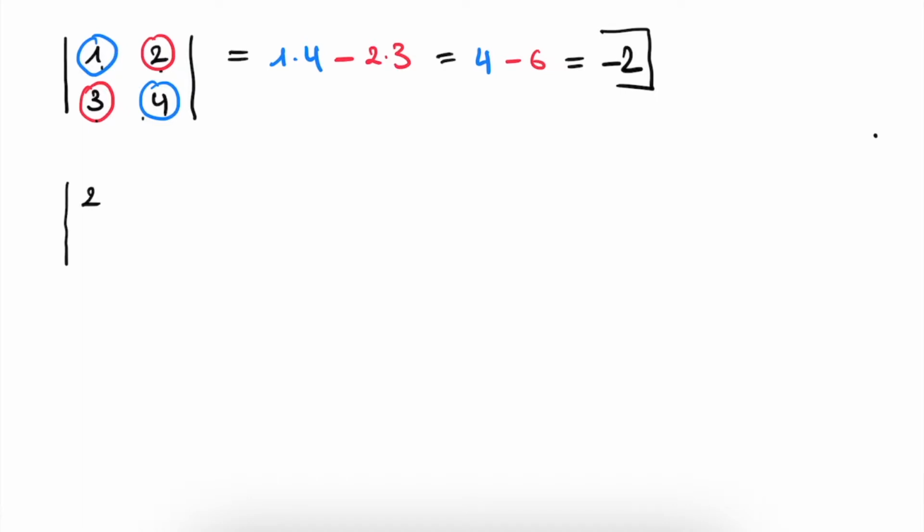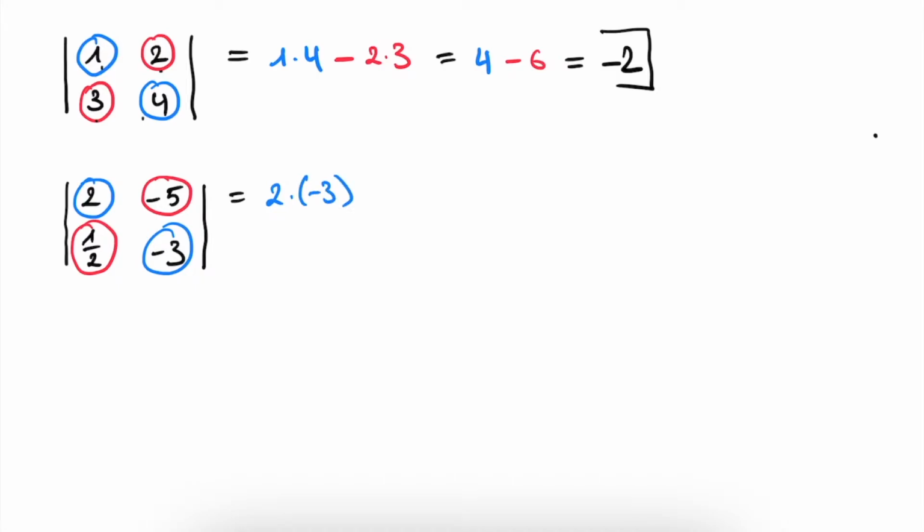The next one is taking the determinant of 2, minus 5, 1/2 and minus 3. Again, what we do is multiply the numbers on the diagonal and subtract the product of the numbers on the off diagonal. In this case, it becomes 2 times minus 3 minus 1/2 times minus 5. Here we really have to be careful with this minus sign in front of the minus sign, and we should not forget it because then our result will be wrong.